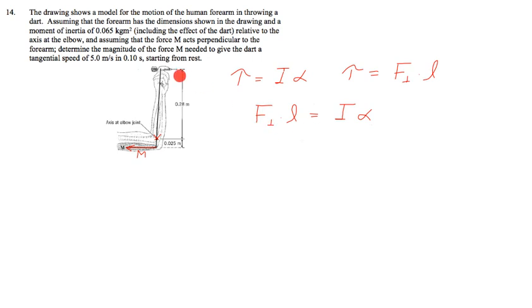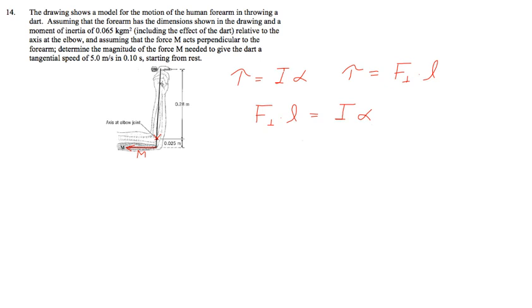So it says the dart has a tangential speed of 5 meters per second in 0.10 seconds starting from rest. So I basically have to do a straight line motion problem to get A. Because if I can get A, then I can get alpha. So that's what I'm going to do first.